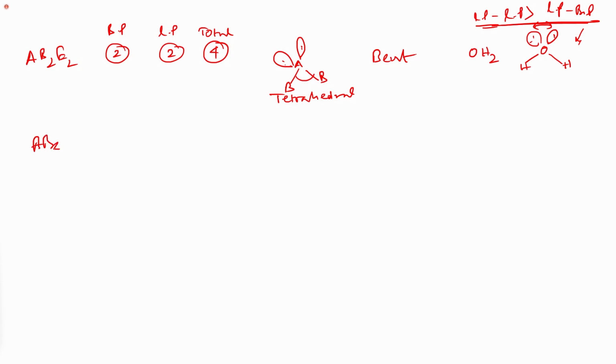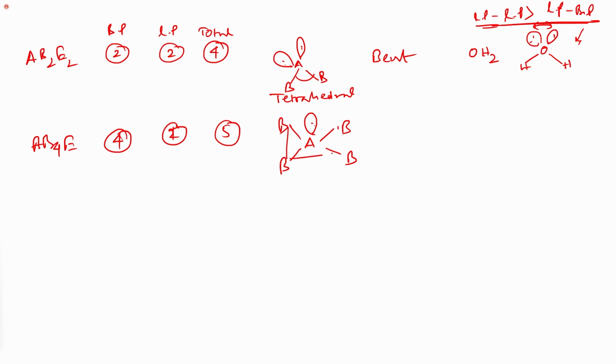Another thing, if you see AB4E, the bonded electron pair equal to 4, lone pair equal to 1, so total equal to 5. So the structure will be like that, with the lone pair. The structure is square pyramidal, or if you eliminate the lone pair, then it is square planar.